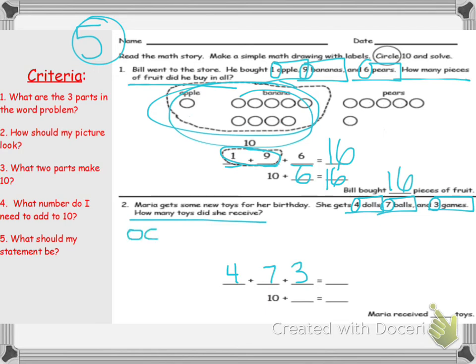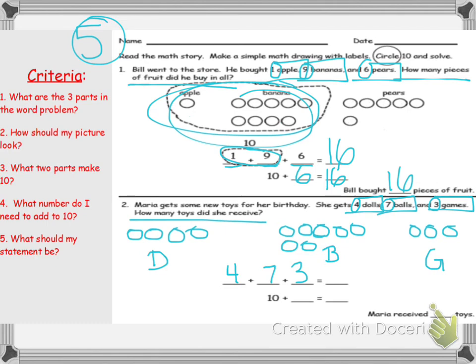All right, so now you should have drawn 4, then 7, then 3. This is the 4 dolls, the 7 balls, and the 3 games. So now, what 2 parts make 10? What 2 parts make 10?